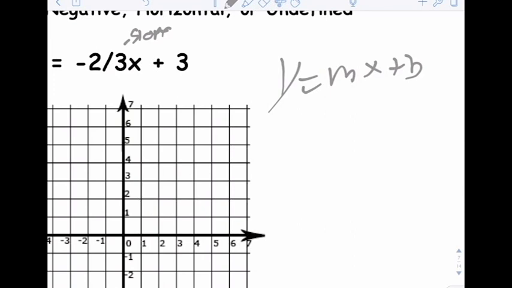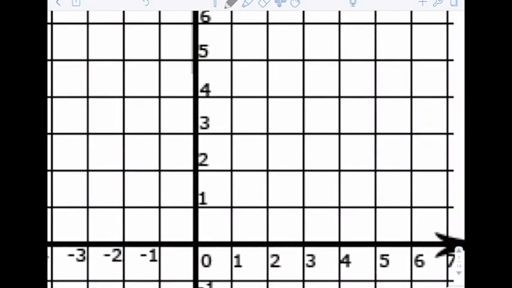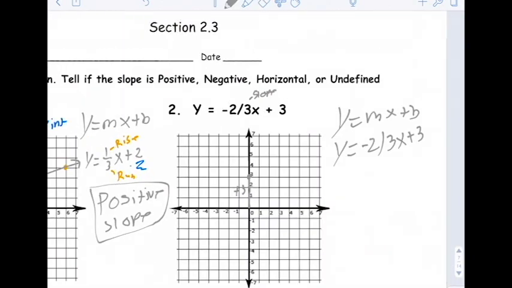And then step 3, we want to graph the y-intercept, which in this case is a positive 3. So you'd start at the origin, go up 3 points, and make your point on the graph. And that would be your y-intercept.